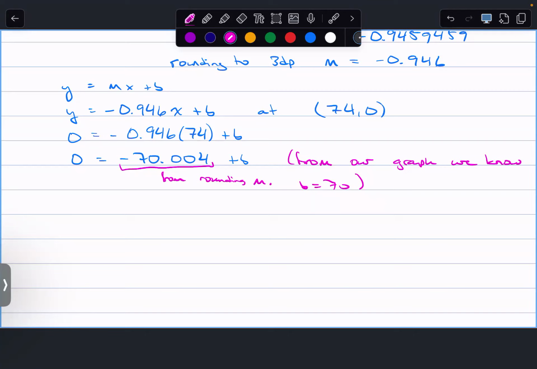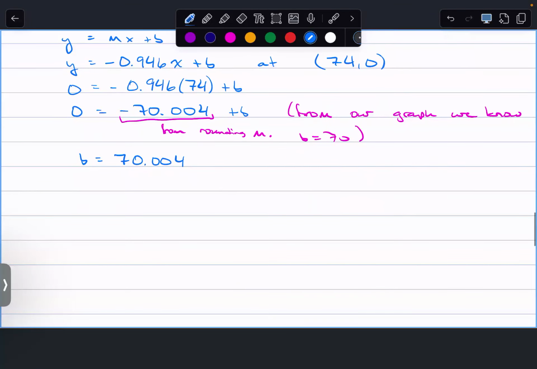So I carry that 0.004. Let's ignore it. So b is going to be 70. Technically 0.004. Let's do this. Let b be 70.